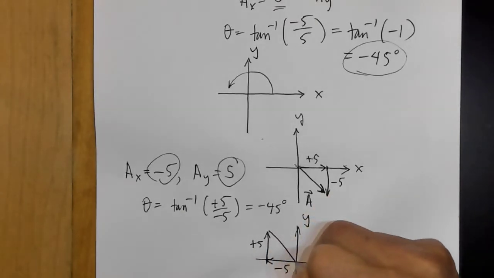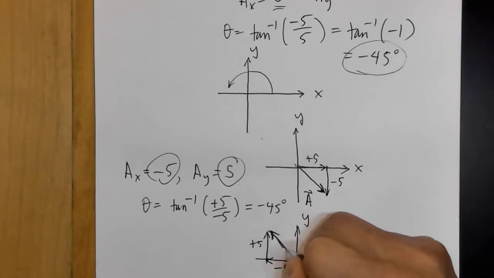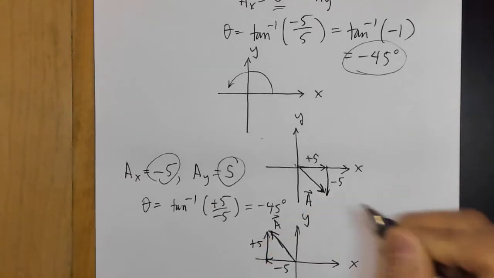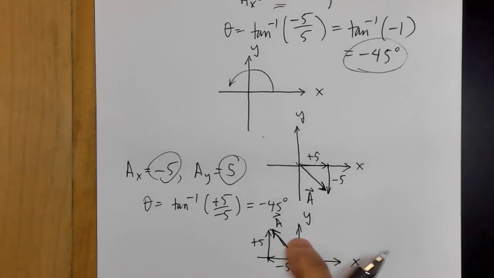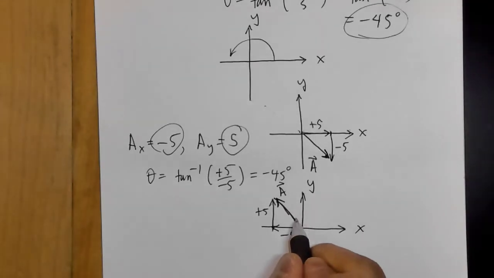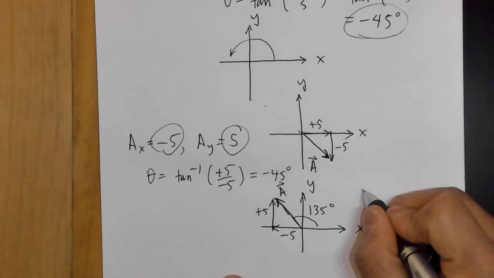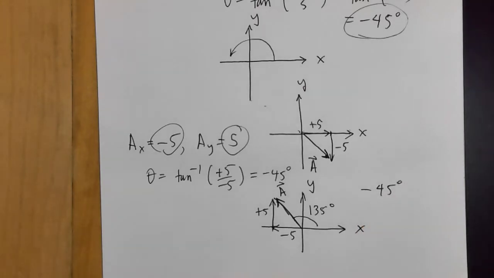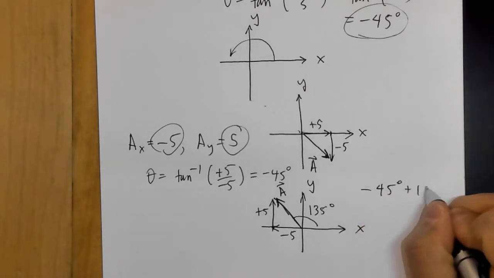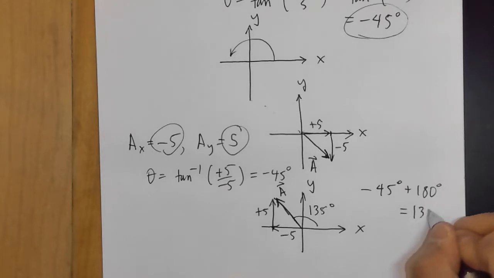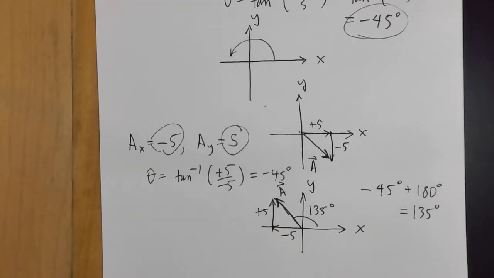So this is the vector I need. This is my A. And you can see that angle is not minus 45, but rather it's 135. And so what I need to do is take the answer my calculator gives, and add 180 to it, and that will give me 135. Does that make sense to everybody? You just sometimes have to add 180s or subtract 180s. All you need to do is make a little sketch of where the vector is pointing.